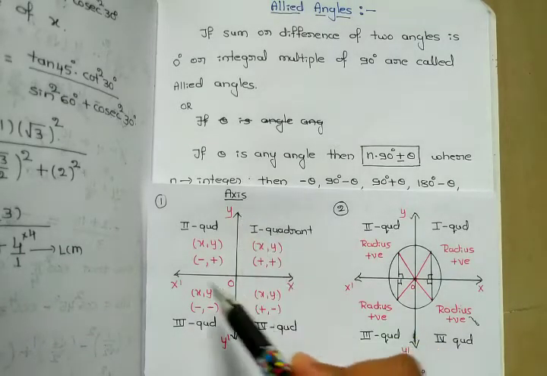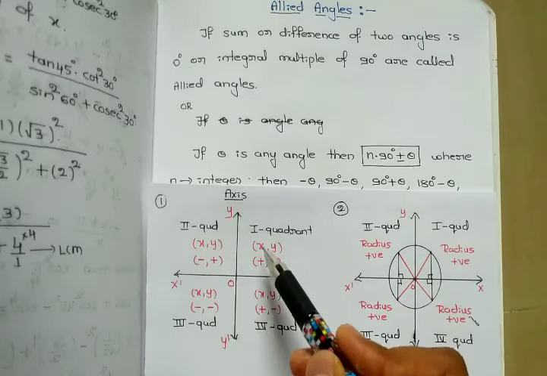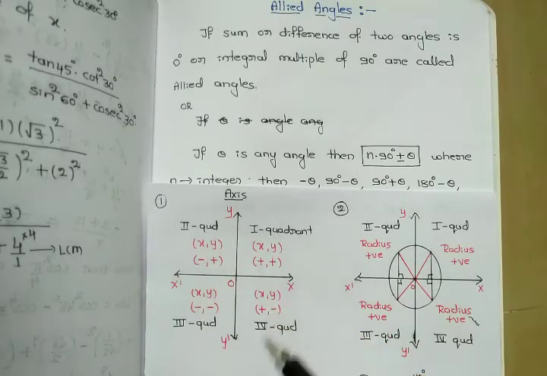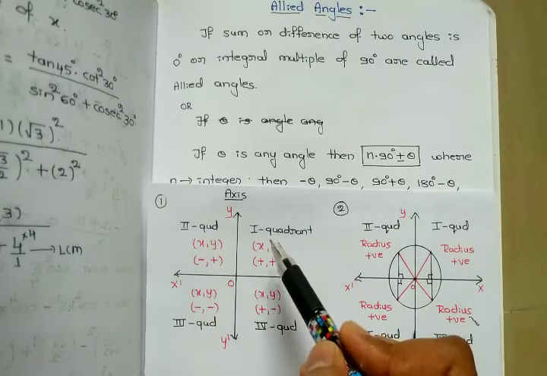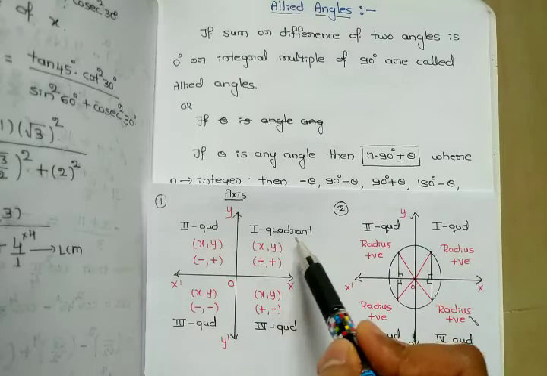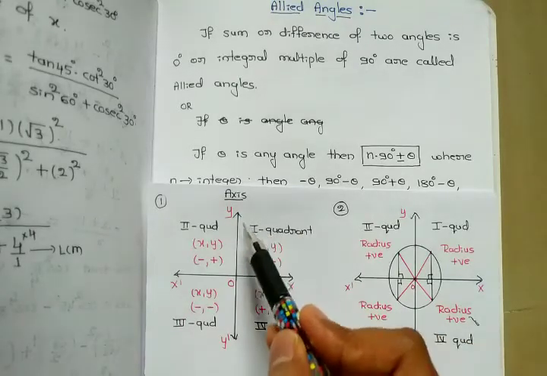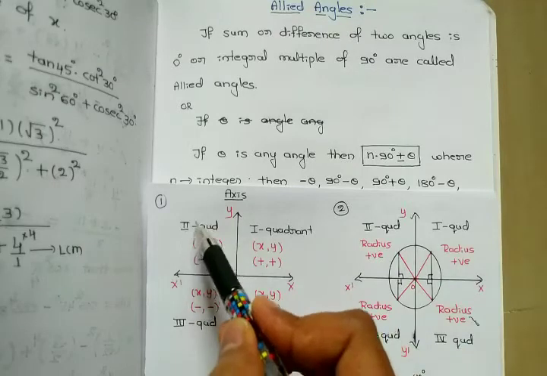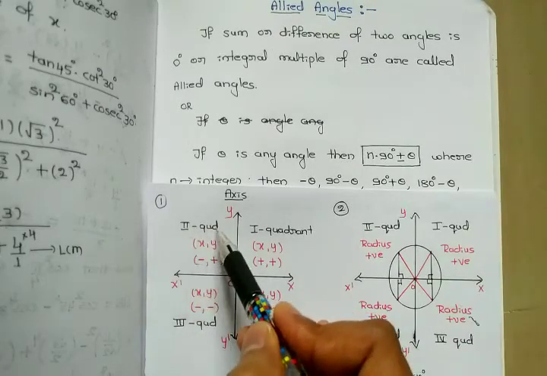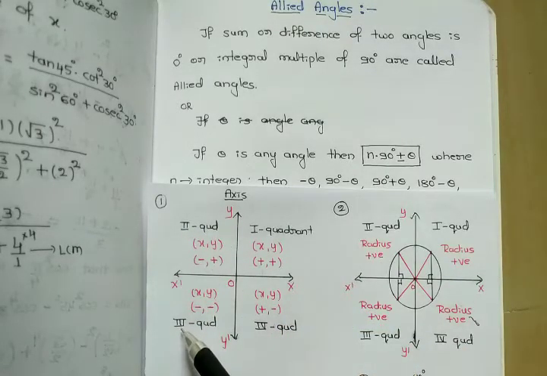In these axes there are 4 planes, 4 surfaces. These 4 surfaces are called quadrants. This first surface is called the first quadrant, this one the second quadrant, like this the third quadrant, and here this is the fourth quadrant.